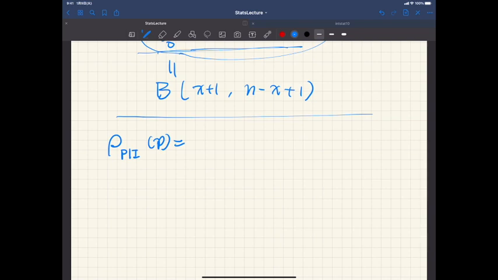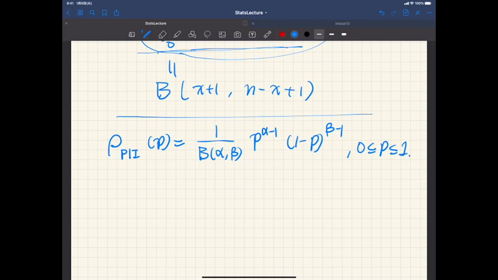It's the density function of some beta distribution with parameters alpha and beta: p to the alpha minus 1, 1 minus p to the beta minus 1, where p is between 0 and 1.